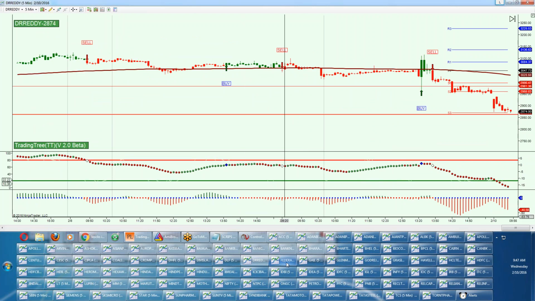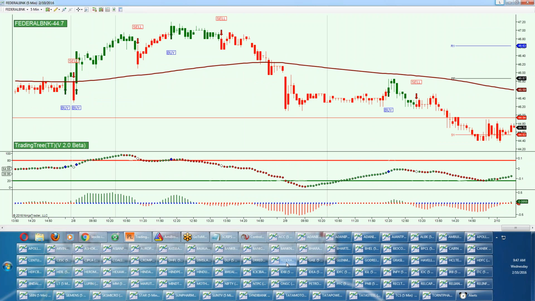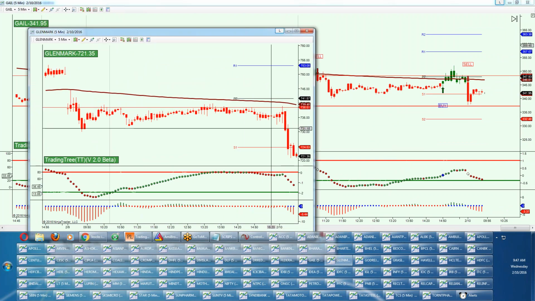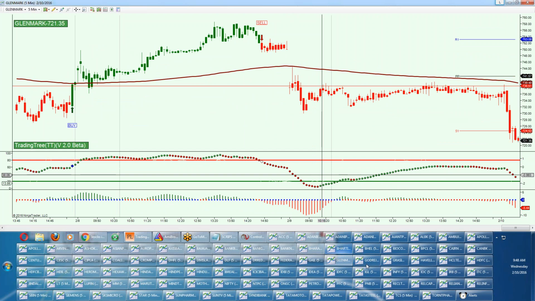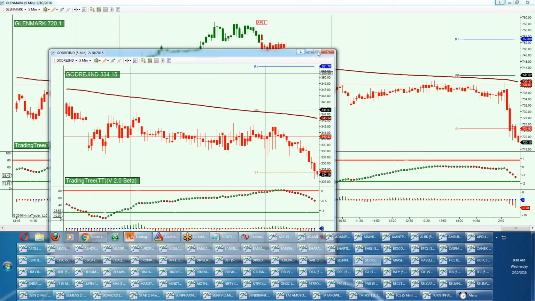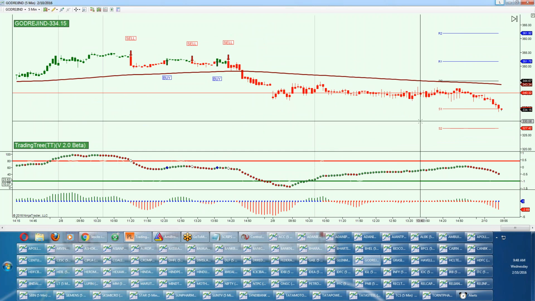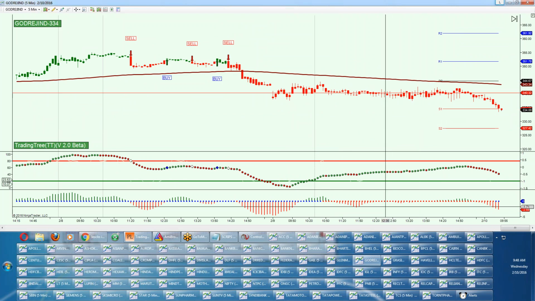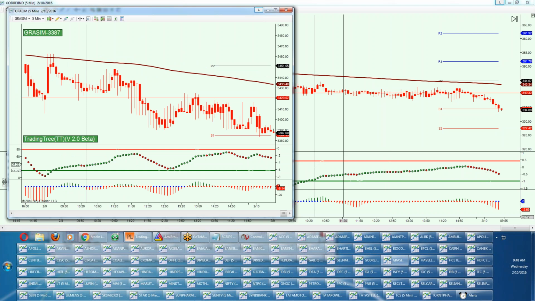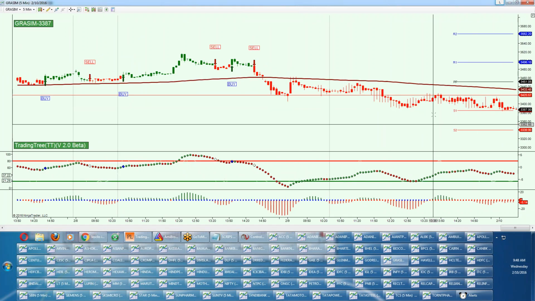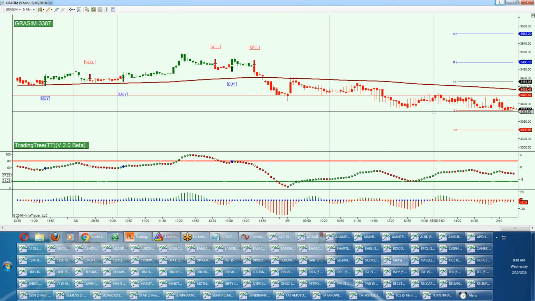That's Dr. Reddy, Federal Bank, GAIL, Glenmark. Trent, we can enter at 3382.